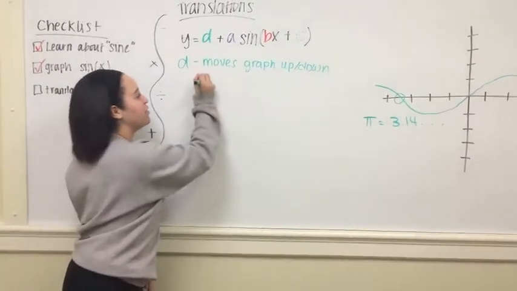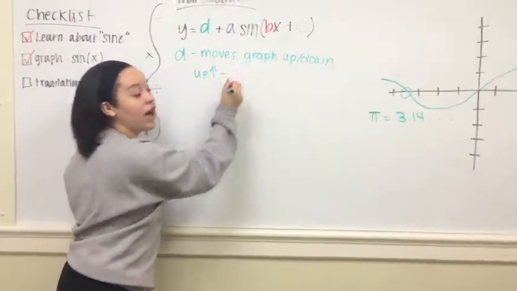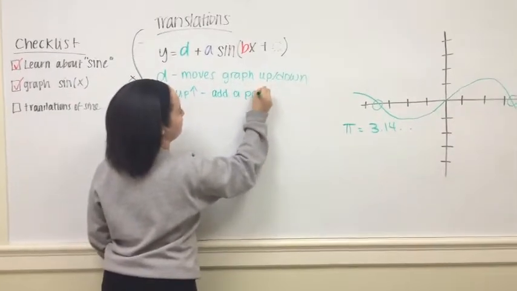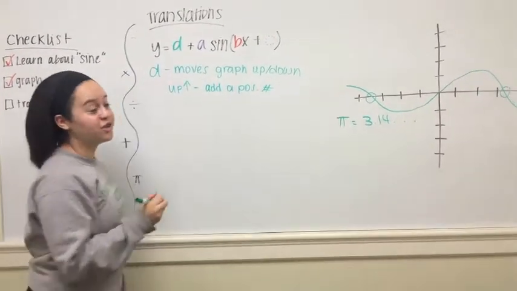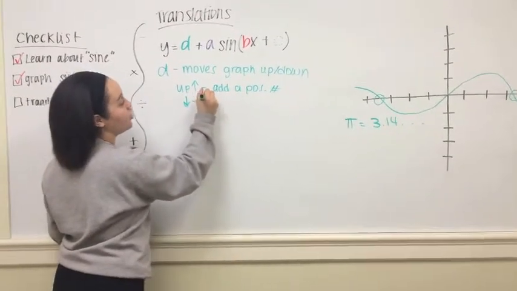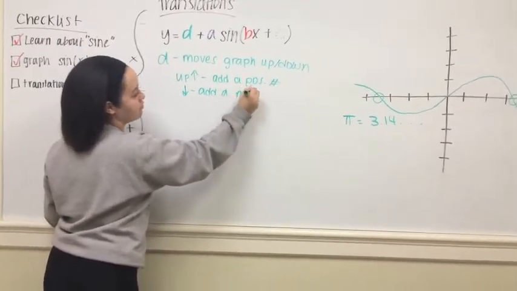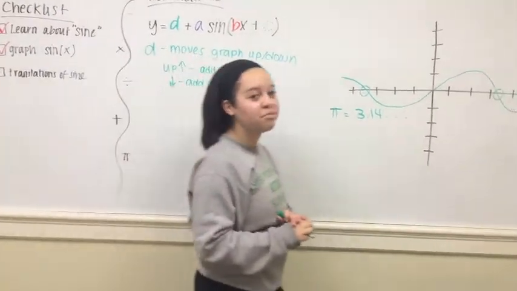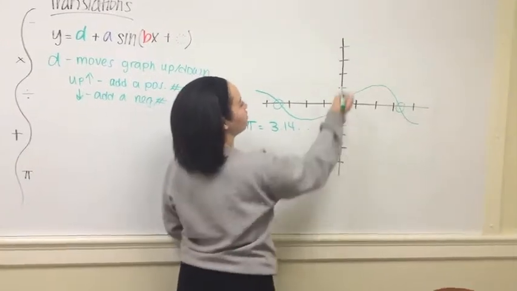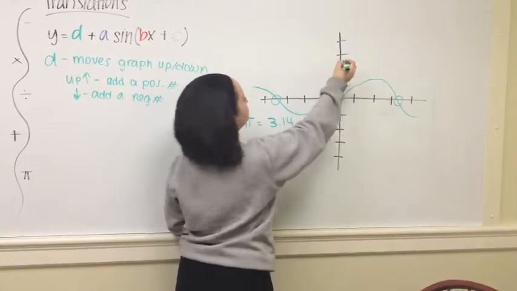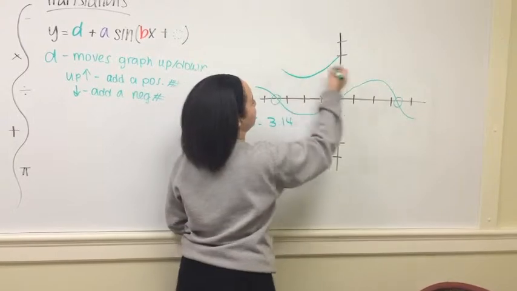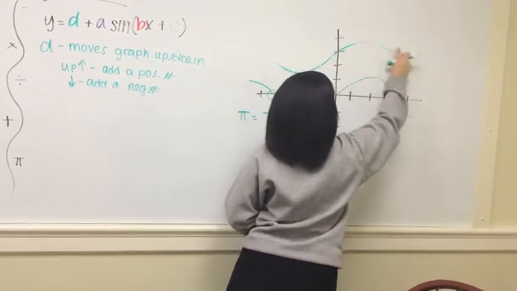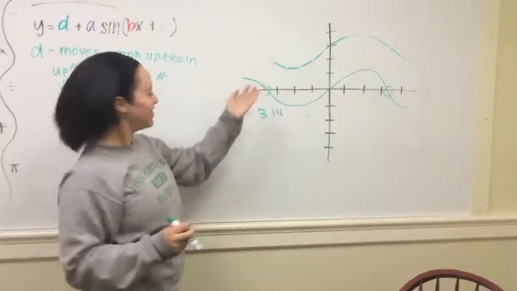To move the graph up, you add a positive number. To move the graph down, you add a negative number. So, if I were to add 3, my graph would move up here on the y-axis. Like so.